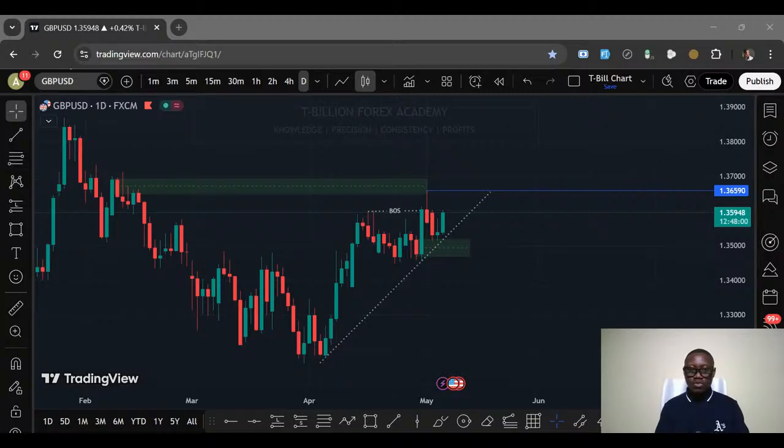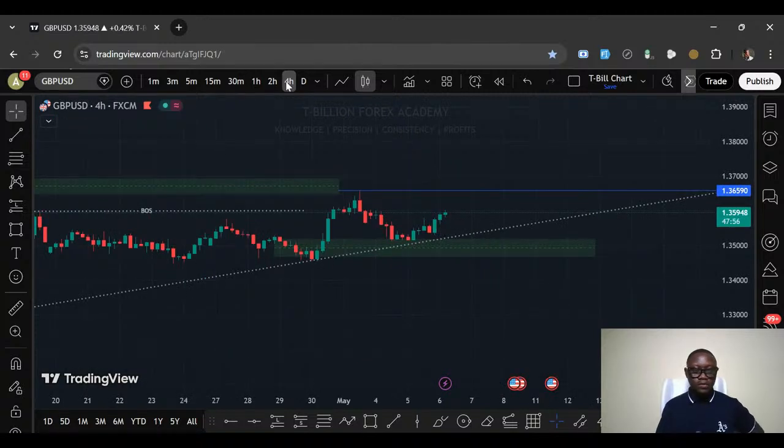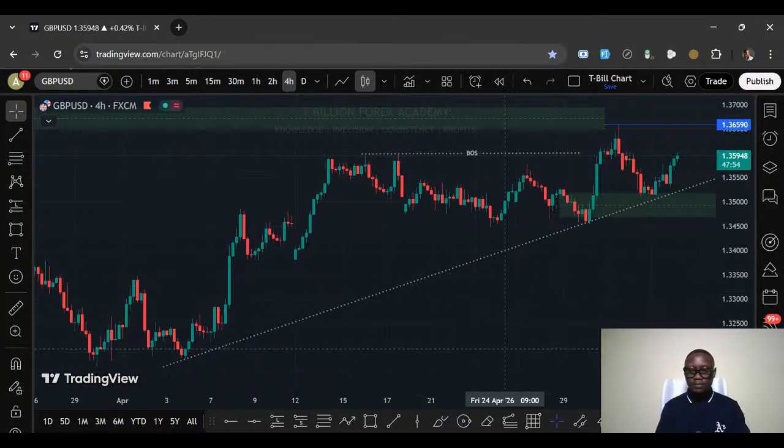Let's drill down to the 4H time frame and analyze the 4H price action.